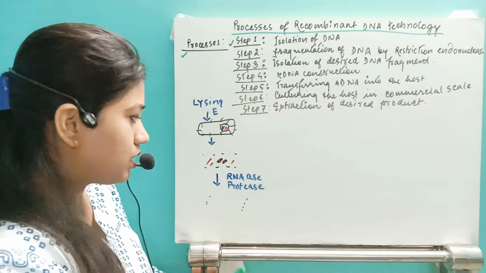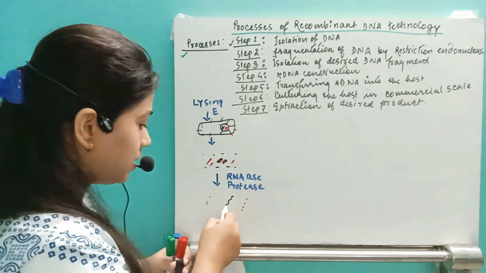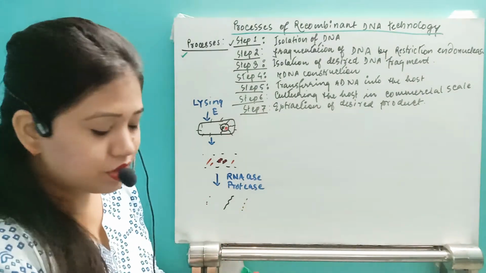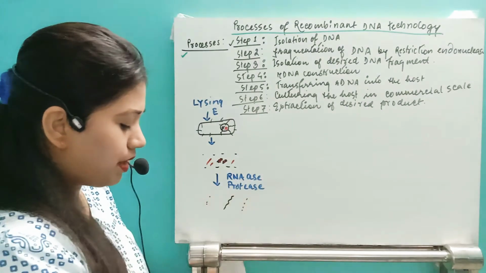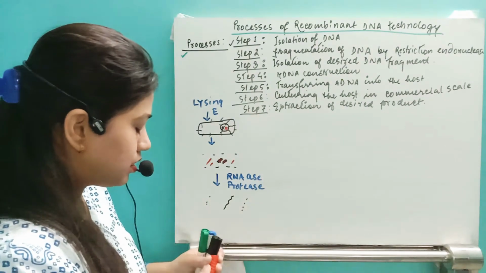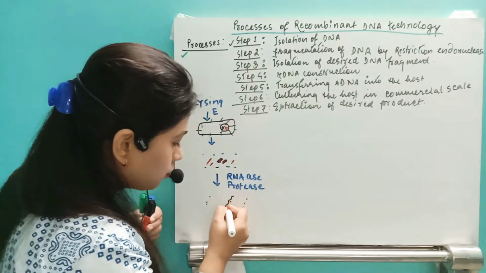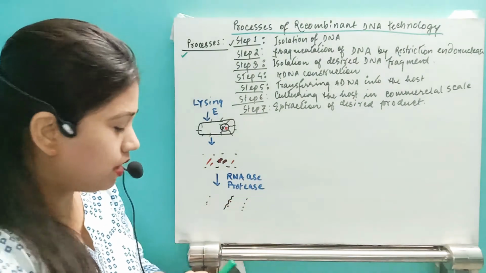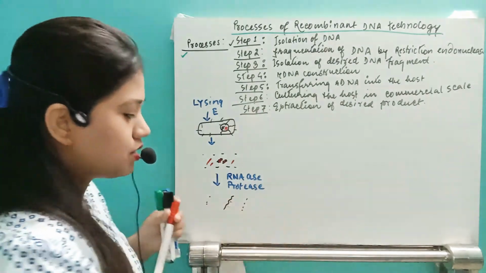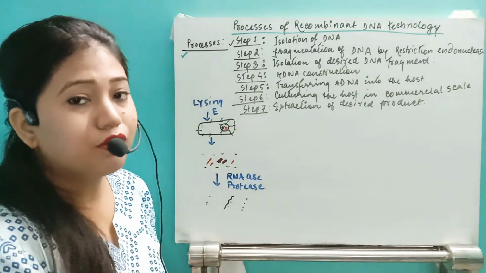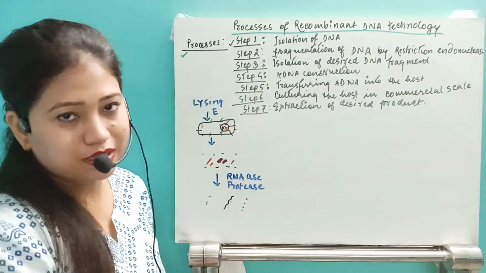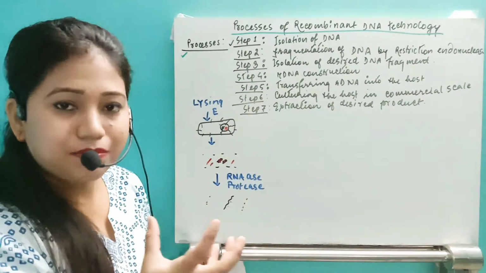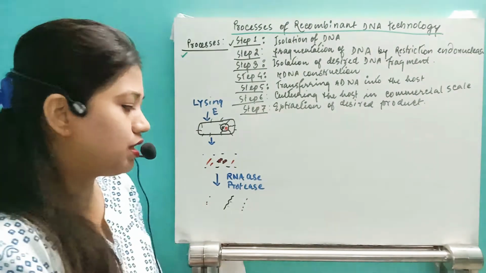Then surrounding this DNA, the DNA is packed around the histone protein. After applying the protease enzyme, this protein part will also be digested, so the protein will be removed. As the protein is removed, we are going to have only the DNA segments. Now in that mixture we have only the DNA.